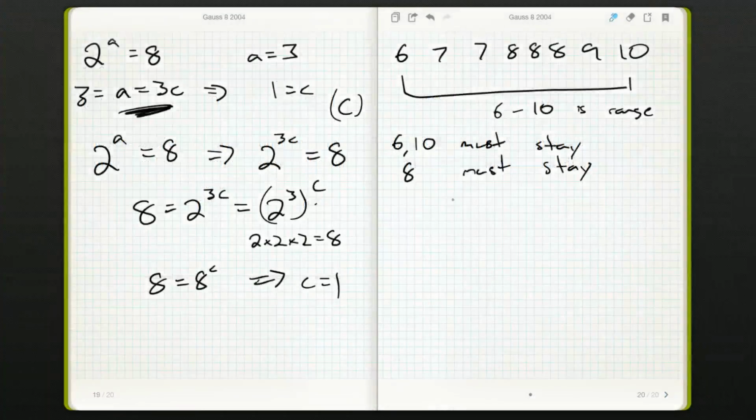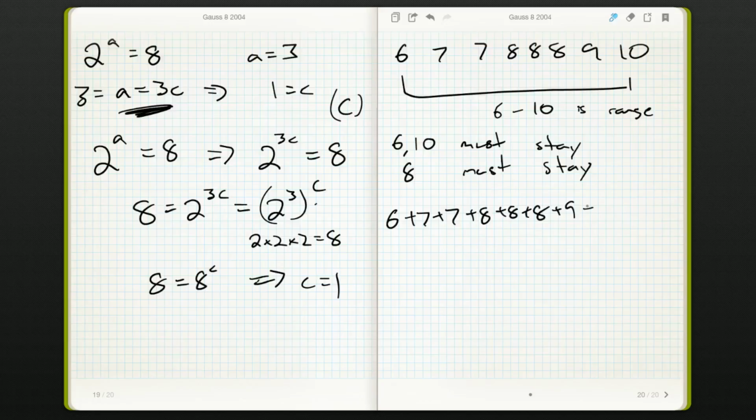So currently our average is 6 plus 7 plus 7 plus 8. We just add everything up and divide it by how many scores we have, and that would be 8 scores. And if you need to, you can get your calculator out.